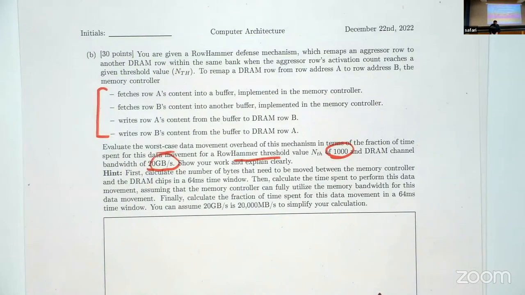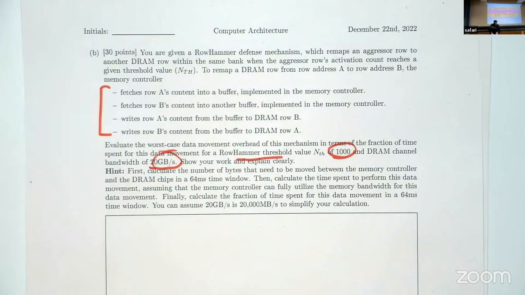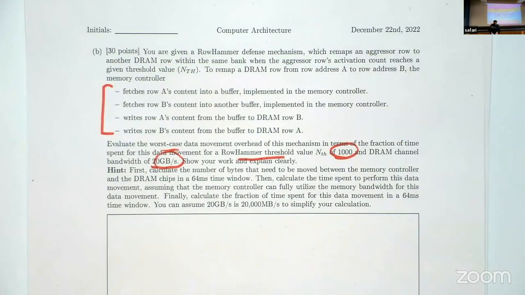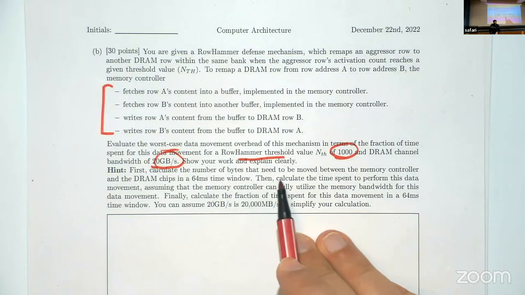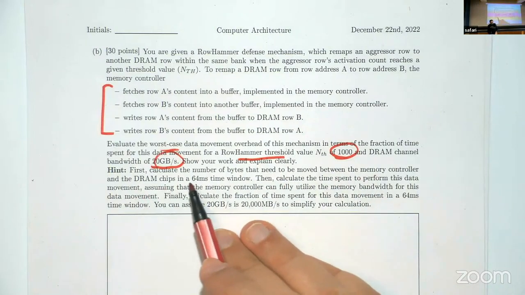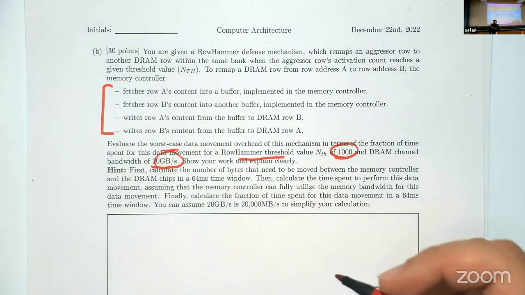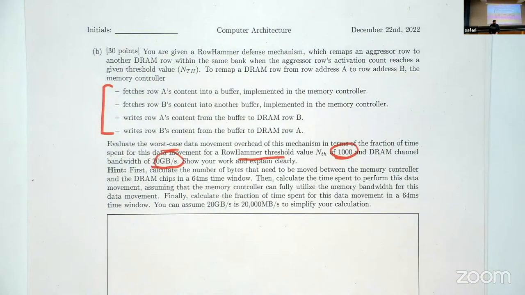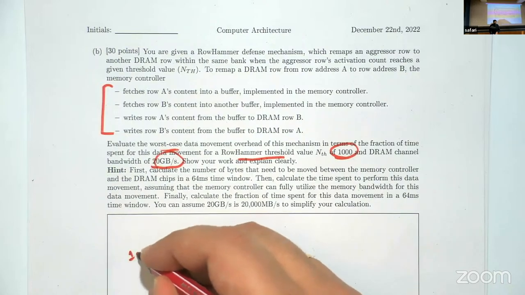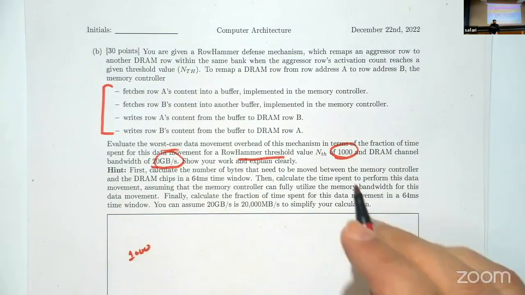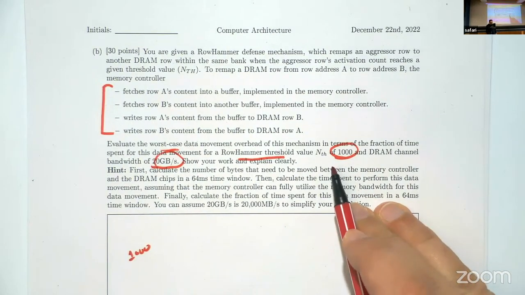So first, calculate the number of bytes that need to be moved between the memory controller and DRAM chip in a 64 millisecond time window, right? So we already know that we can perform this operation 1000 times, because the RowHammer threshold is 1000.